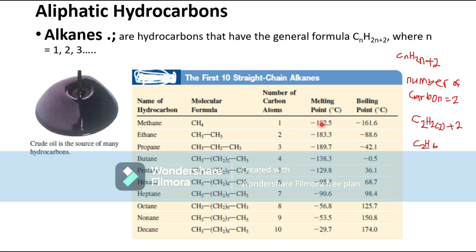As we can see from here, for the simplest, we have minus 182.5 as the melting point in degrees Celsius, and a boiling point of minus 161.6. As we increase in molecular weight, the melting point and boiling point also increase.